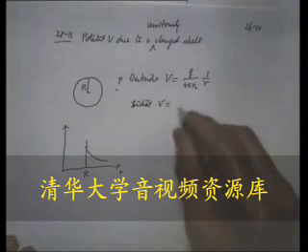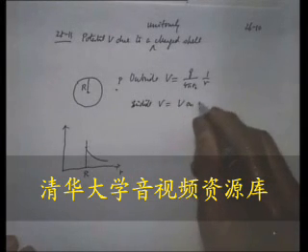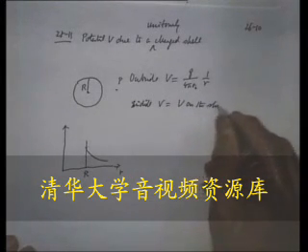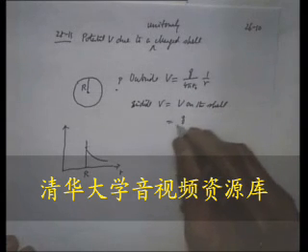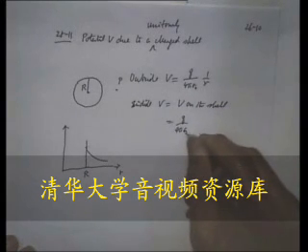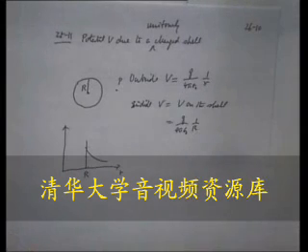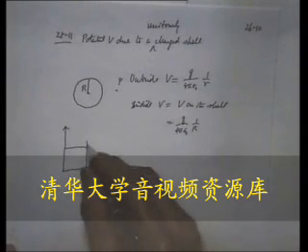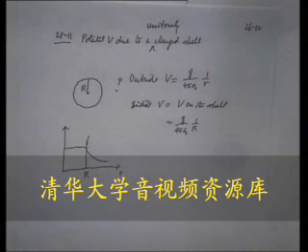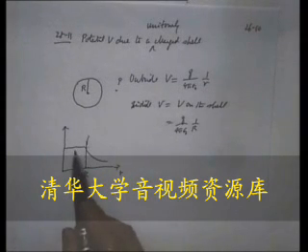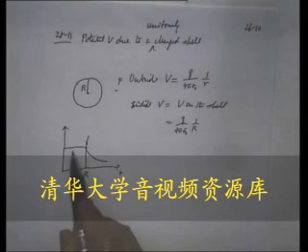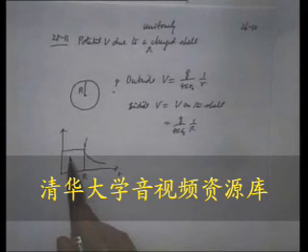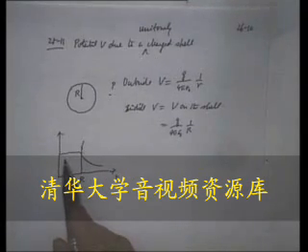V equals V on the shell, which is Q over 4 pi epsilon 0 times 1 over R, so inside it looks like this. The derivative here is zero, as it should be, because according to the shell theorem the electric field is zero.